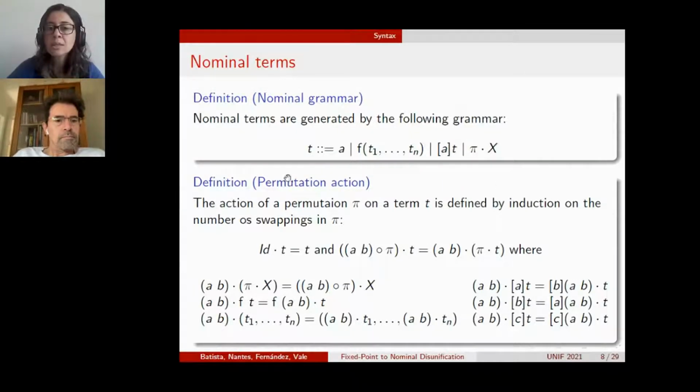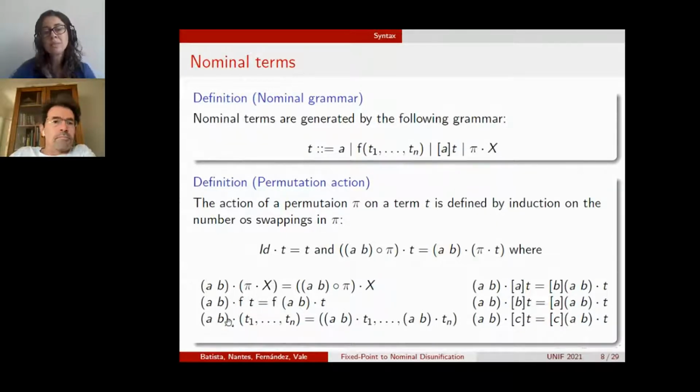So how does this action work? For instance, if you have the permutation (A B) and the term is f of t, how does it act?